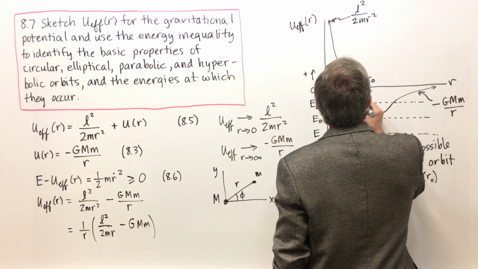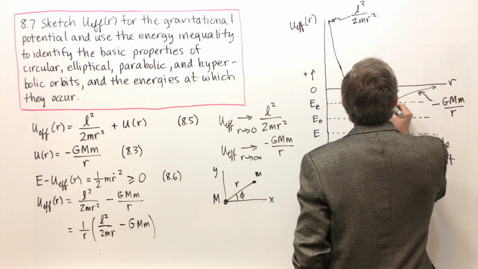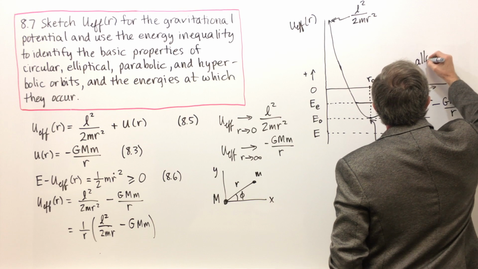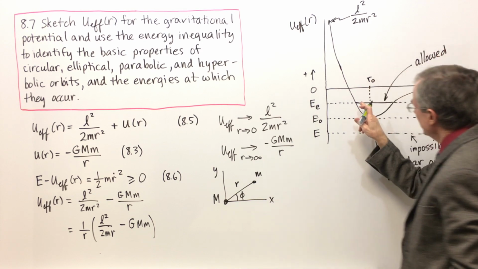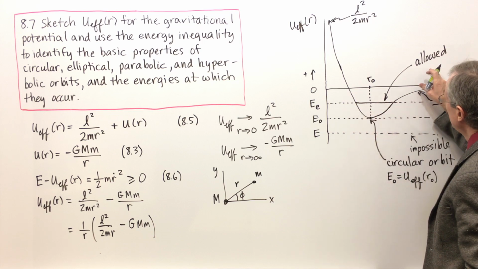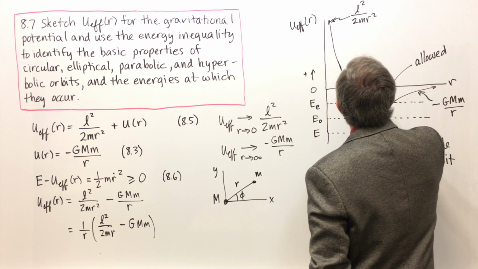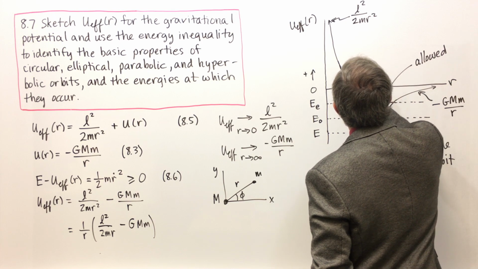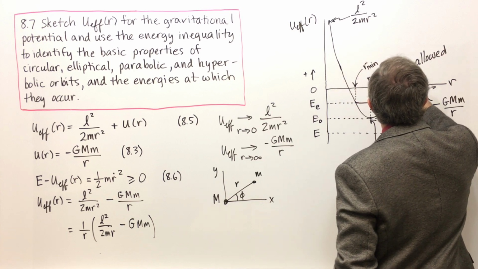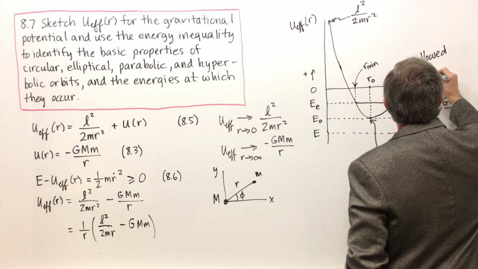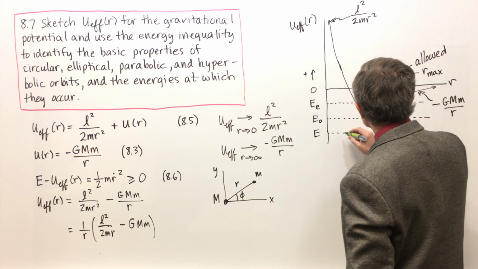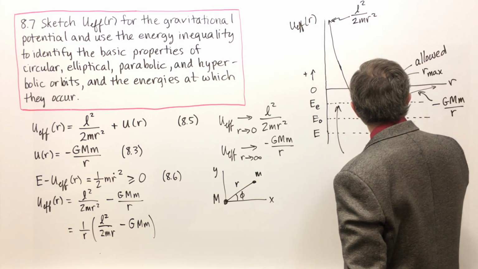So I'm going to actually darken in this to say that those values of R between some minimum and some maximum are allowed. I'm going to call this R min and this R max. So the dotted lines, just for your reference, means not allowed.